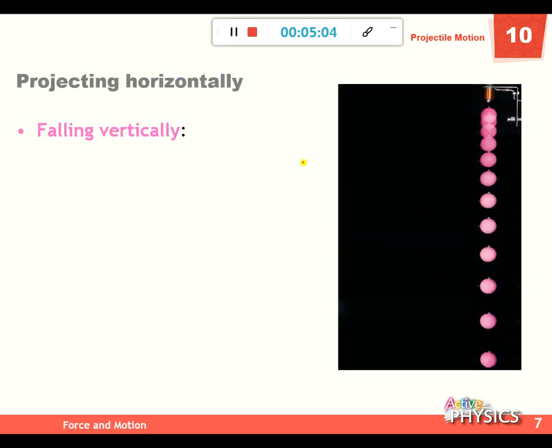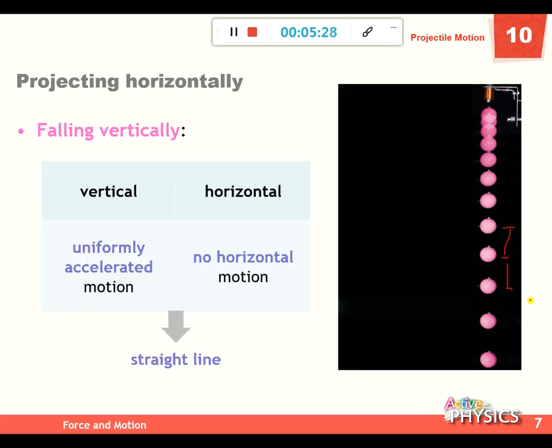Then now we want to introduce the method to study the motion. Here, projecting horizontally. Okay, now look at this. Falling vertically, what will happen? When you take the photograph, you can see that the displacement between the positions increases due to gravity.